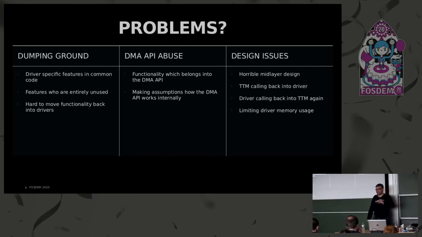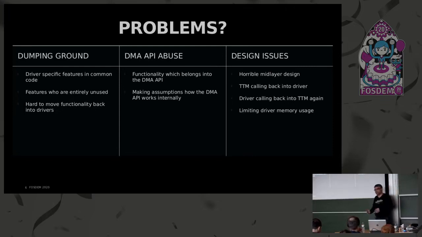Usually that's probably a good idea in open source software. The problem here is that everybody did that without a central maintainer who actually filtered out which features were useful and which were not. So TTM became, as I said, a dumping ground. And as we will see on the next slide, it was rather hard to avert that and move functionalities back into the drivers again.